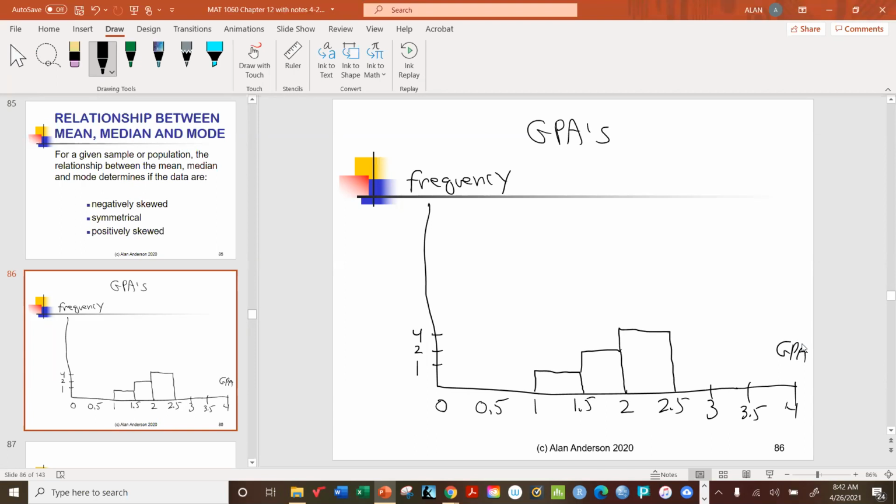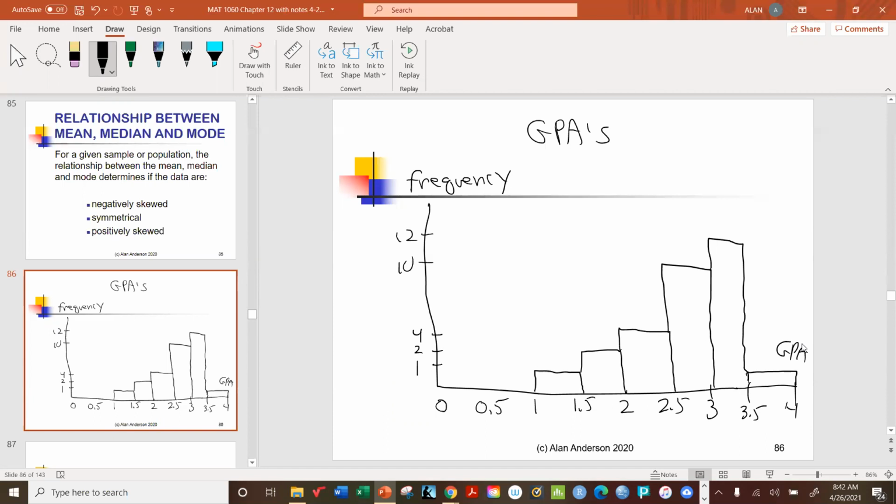Then 10 people between 2.5 and 3, and 12 people between 3 and 3.5. And finally, there's only one person in the range between 3.5 and 4.